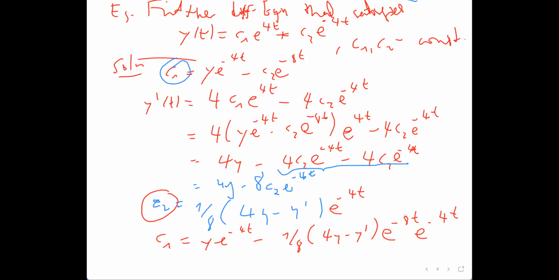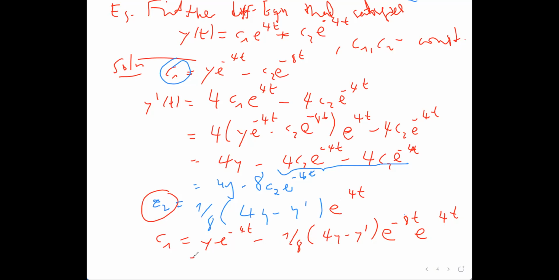Yeah, I think so. This is correct. So C2. Oh no, this here should be plus. All right, now this is correct. So now this is plus, and then this is plus. So this is correct now.